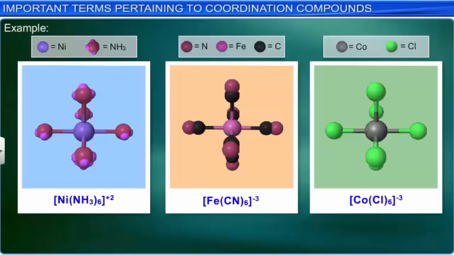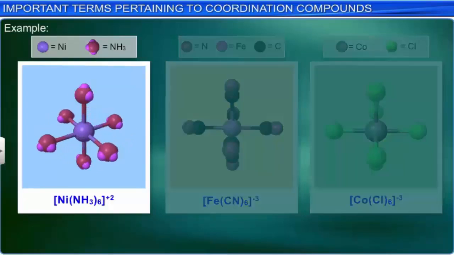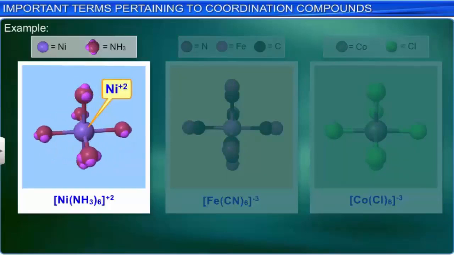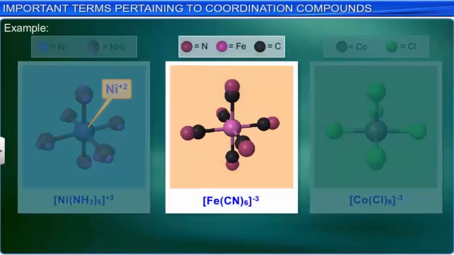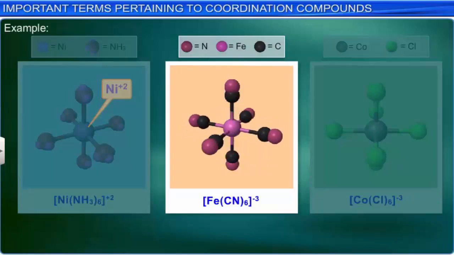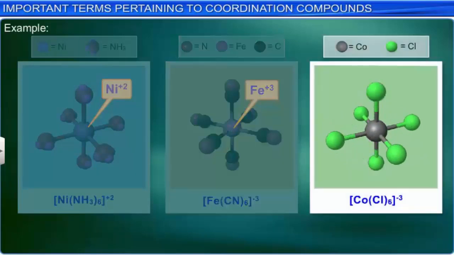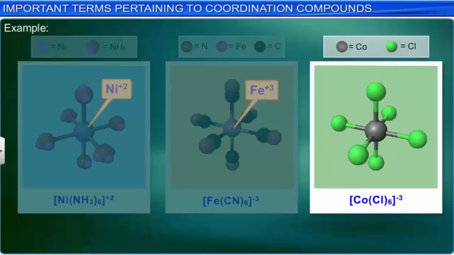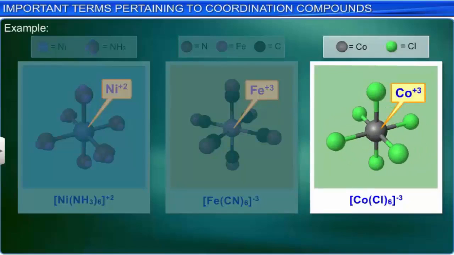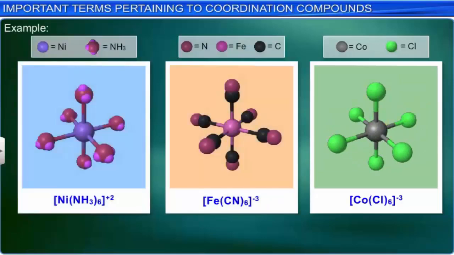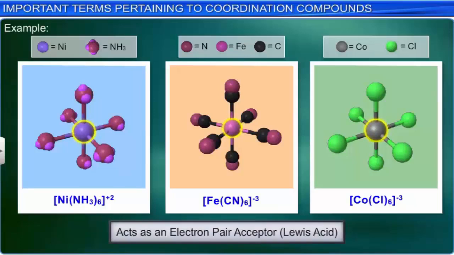For example, the central metal ion in [Ni(NH3)6]2+ is Ni+2, in [Fe(CN)6]3- is Fe+3, and in [CoCl6]3-, it is the Co+3 ion. As the central metal atom or ion acts as an electron pair acceptor, it is also referred to as a Lewis acid.